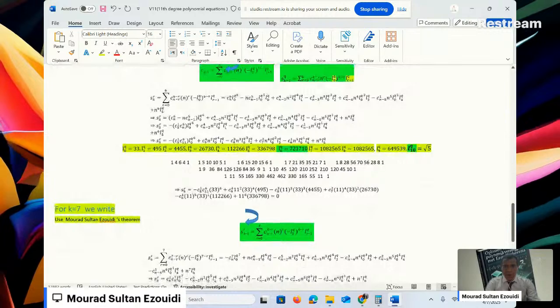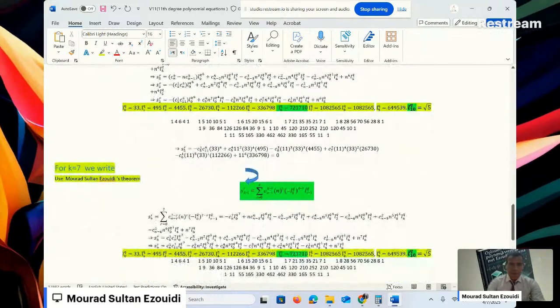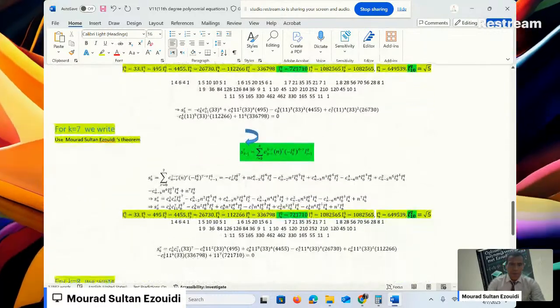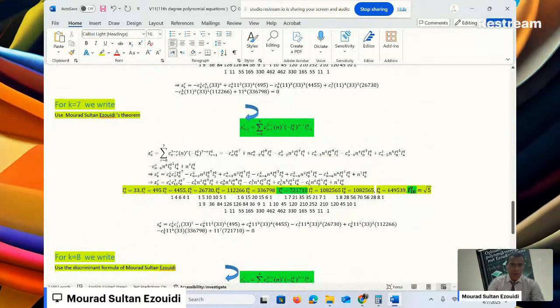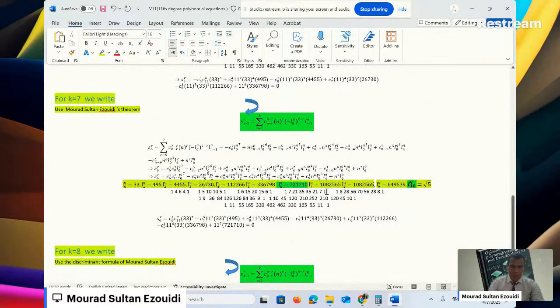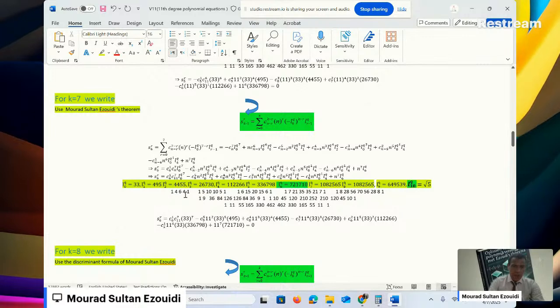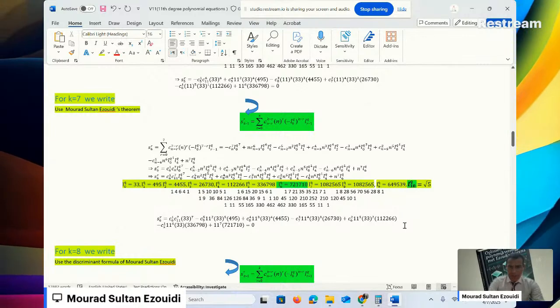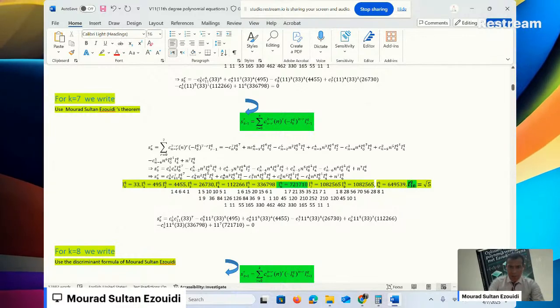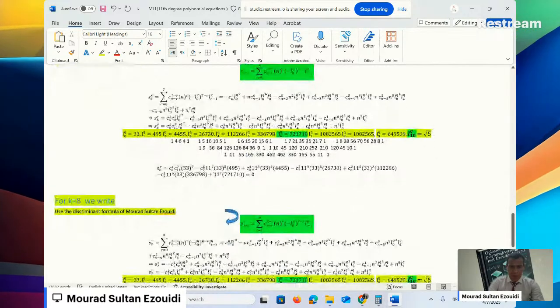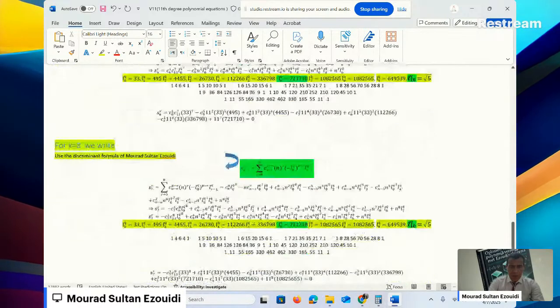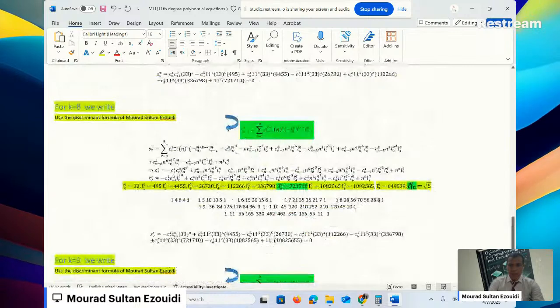So this one is 7. Okay, this is S6. Okay, S6, if we found the physical degree. Okay, S7 for K equal to 8.